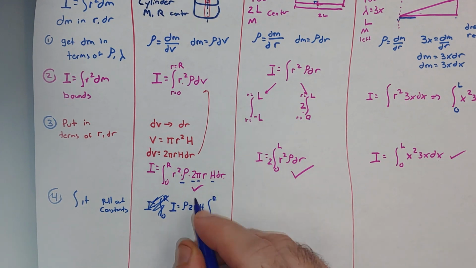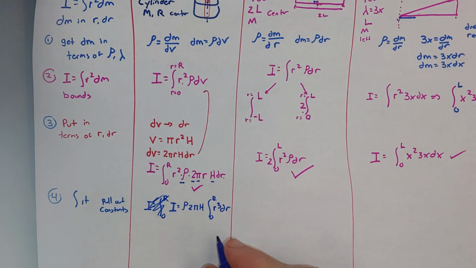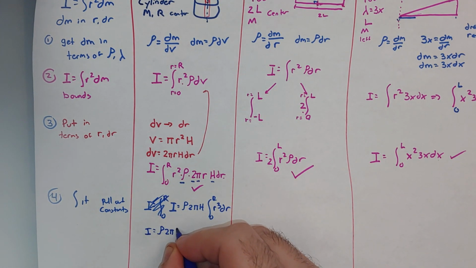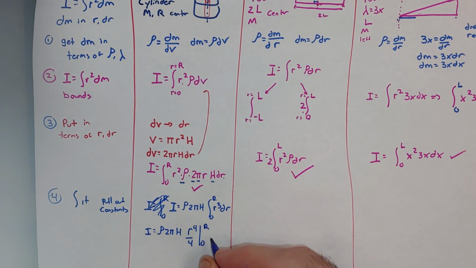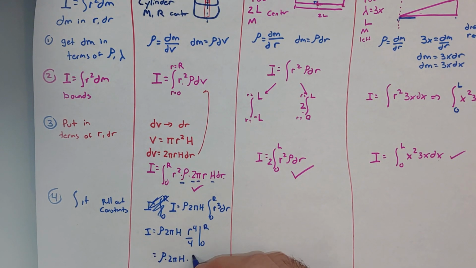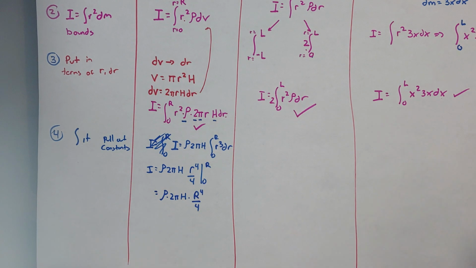Integral 0 to r. I'm left with r squared and r. That's r cubed dr. Integrate it. This becomes r to the 4th over 4. Plug in 0 to r. And I'm left with rho times 2 pi h times capital R to the 4th over 4. I'm looking okay now.